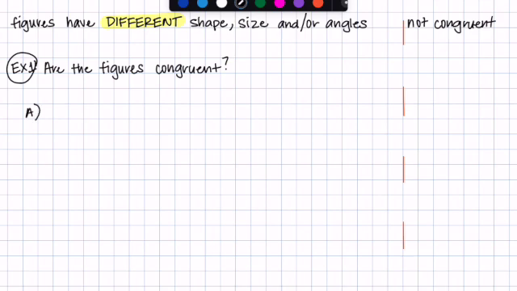You're going to have two triangles. Our first one is going to be triangle ABC. And then you'll have another triangle, and this one is going to be XYZ. So we're comparing these two to each other.